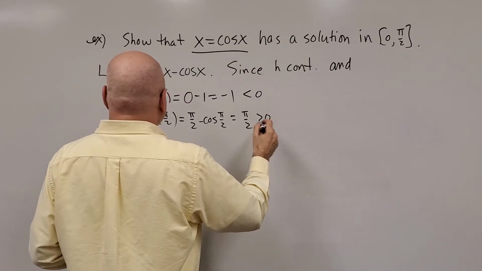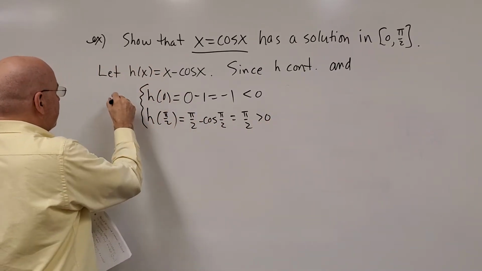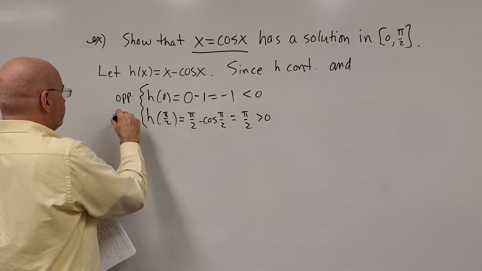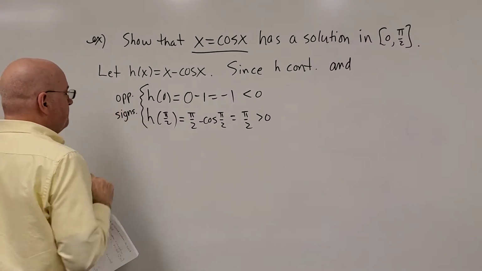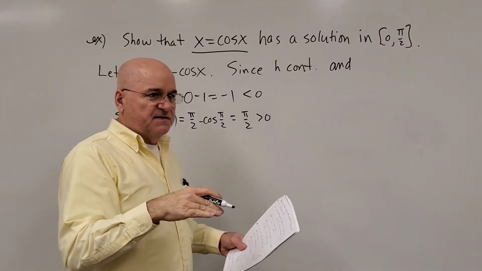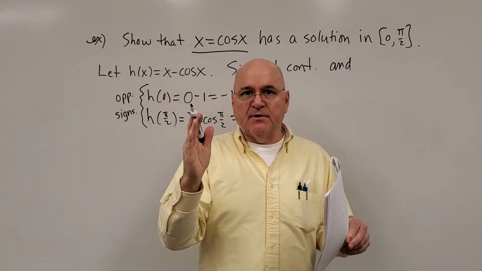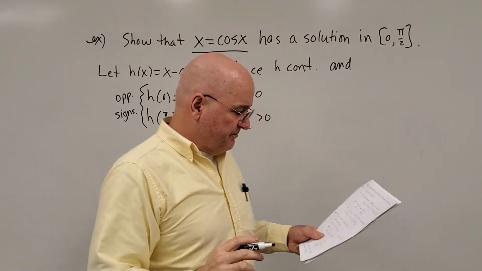So on this side, I'm going to write they have opposite signs. And h is continuous. So therefore, it's going to have a 0 in between 0 and pi over 2.